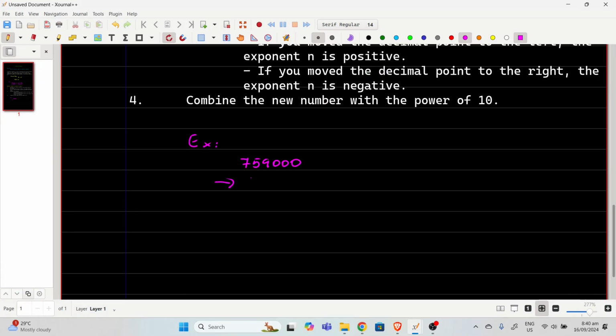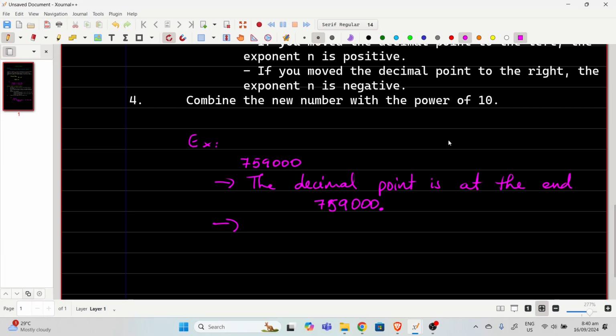So the decimal point is at the end. 7591230 dot.